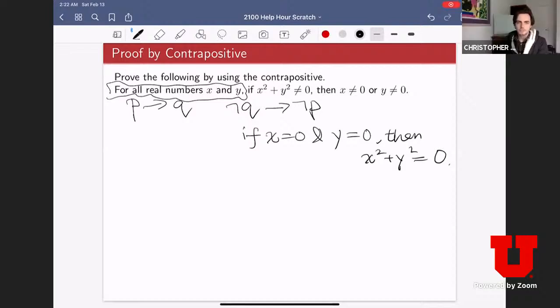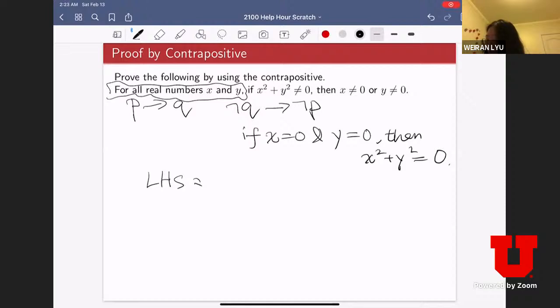I think you just get to substitute x and y in and just reflexively equal 0. Yep, and the way I'm working it, just write it like the left-hand side. If I just substitute x equals 0 and y equals 0, x squared plus y squared becomes 0 squared plus 0 squared, and that's 0.